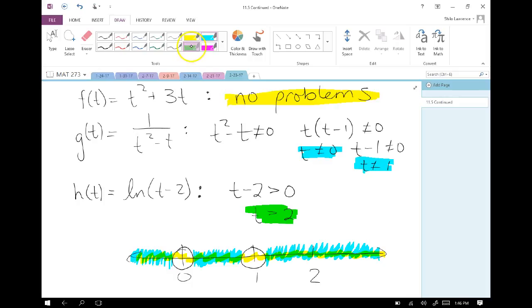And then for h of t, we've got to be strictly greater than 2. The domain for r of t is only where all 3 of them overlap. So only the section that got, or sections that got shaded 3 times.